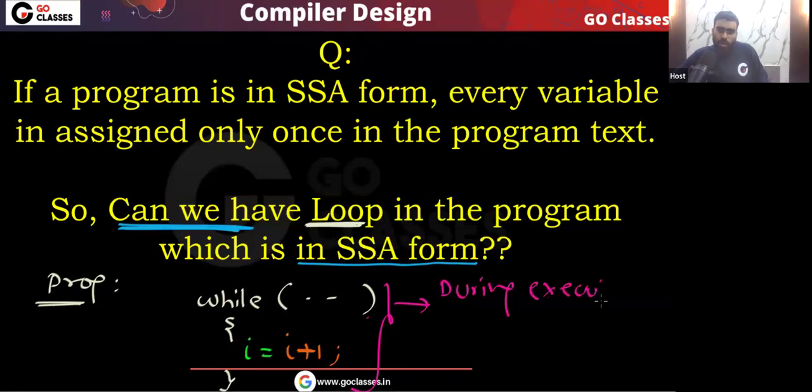In every iteration you are assigning. If this loop is running 1,000 times, then you are assigning 1,000 times. So during execution, there are several assignments to I.